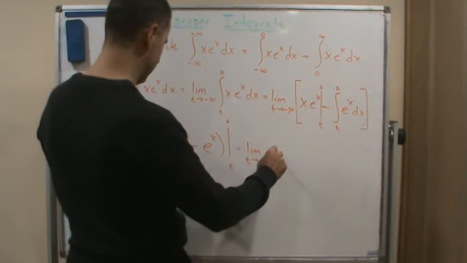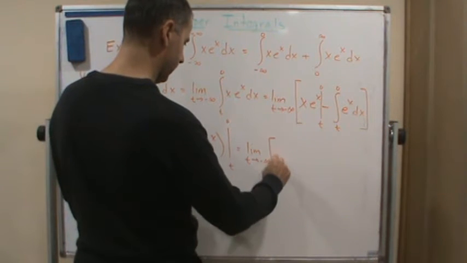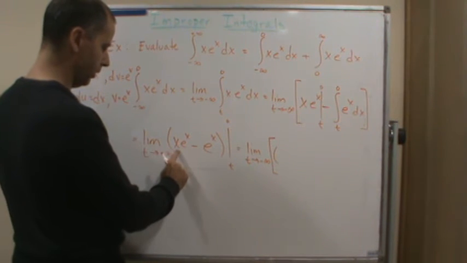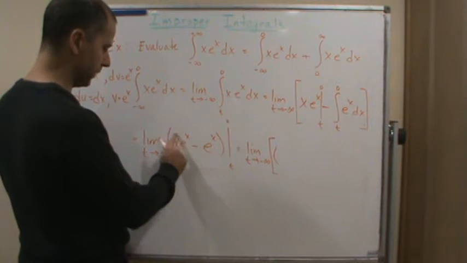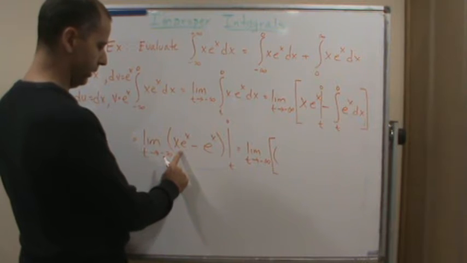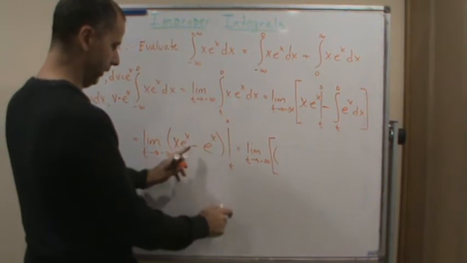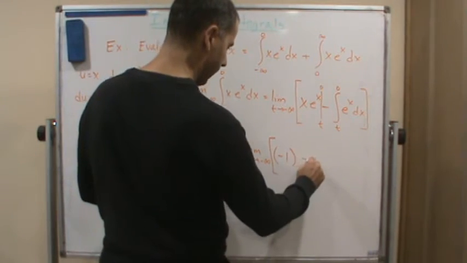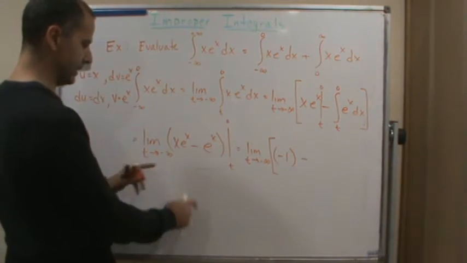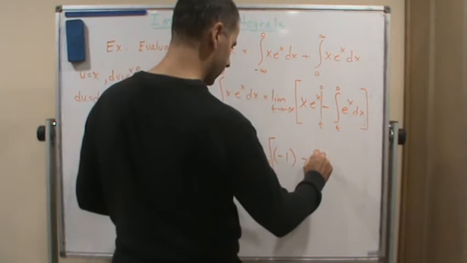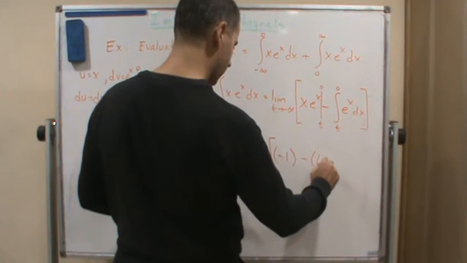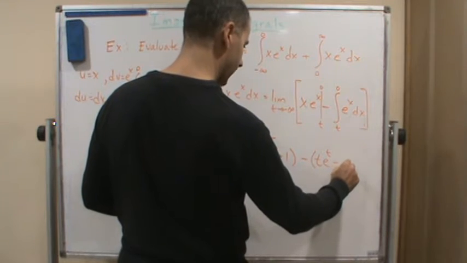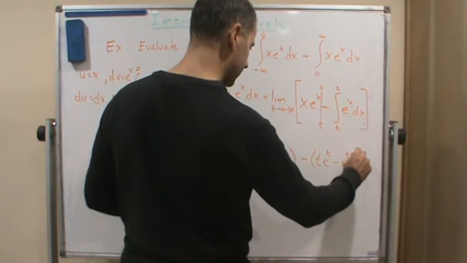Evaluating at 0, the first term becomes 0 and the second becomes 1, so this is going to become negative 1, minus, and now I evaluate it at t. So this is going to be minus t e to the t minus e to the t.